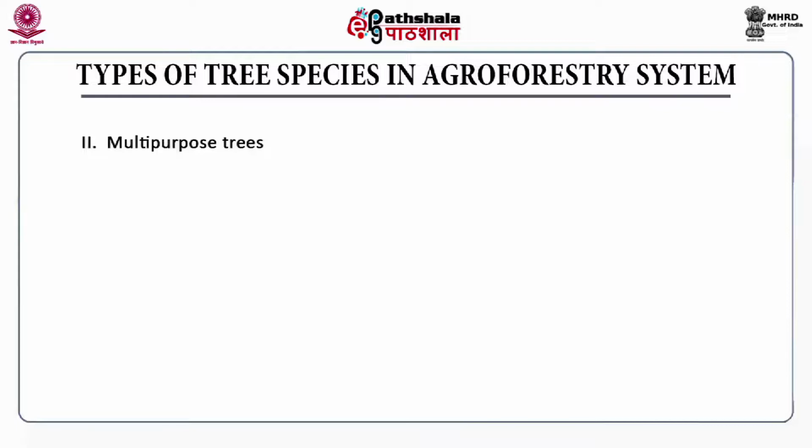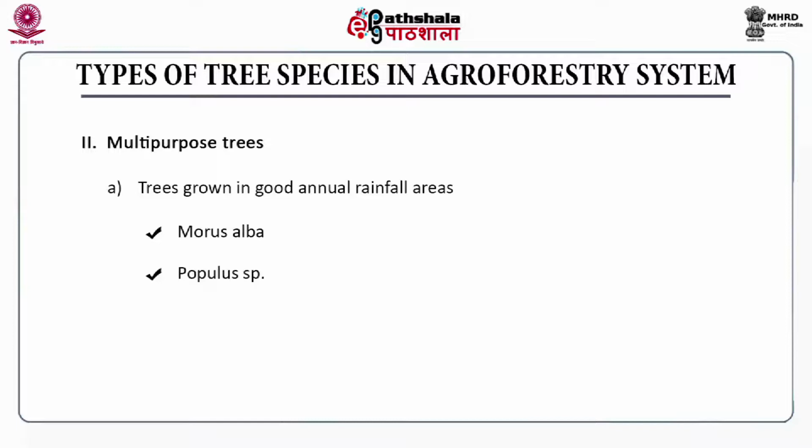And then comes types of tree species in agroforestry system that are multi-purpose trees. These trees are grown in those areas that have good annual rainfall. For example, Morus alba, Populus species, Sesbania species like Sesbania rostrata, Terminalia species.